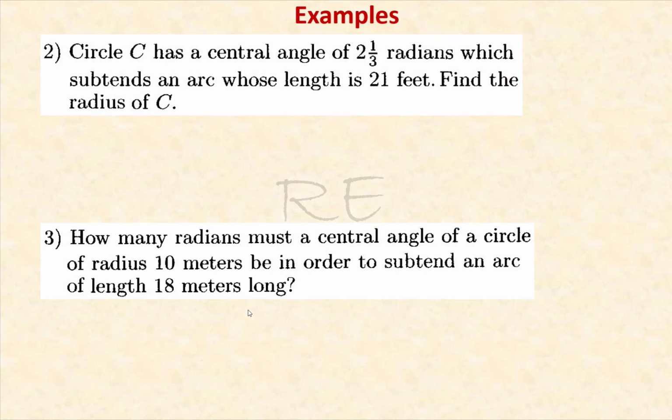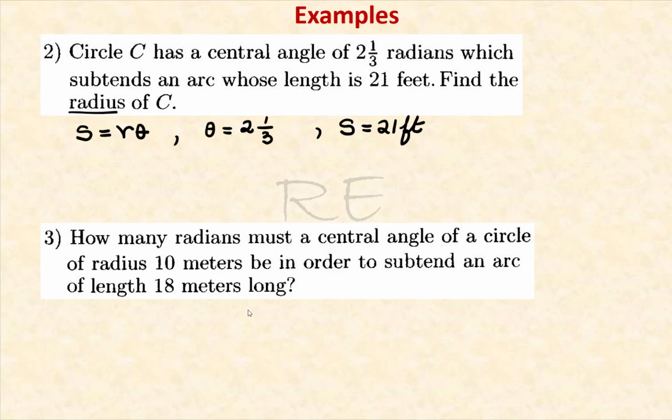For number 2, the central angle is given 2 1/3 radians and the length S is given 21 feet. They want to find the radius of C. S is equal to R times theta, and theta, the central angle, is 2 1/3 radians. The length S is 21 feet.